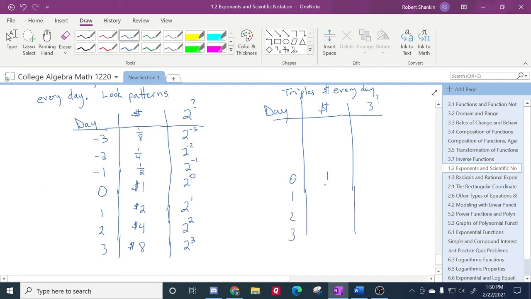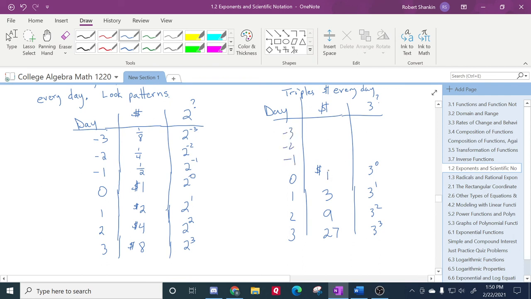If I invest $1, it triples, so it becomes $3. That 3 triples to $9. That 9 triples to $27. Okay, and then this is 3 to the first, 3 to the second, 3 to the third. This must have been 3 to the 0. The 0 power always gives you 1.